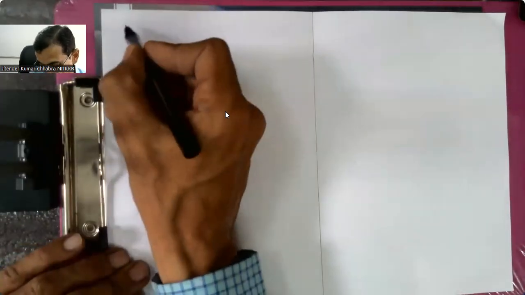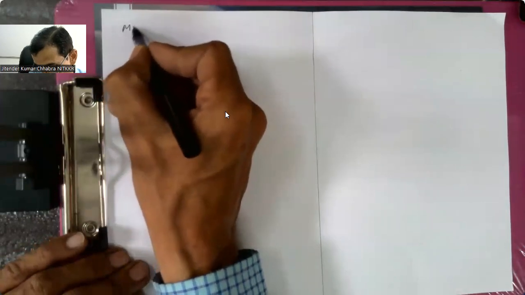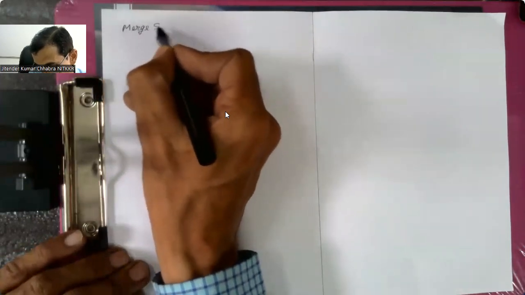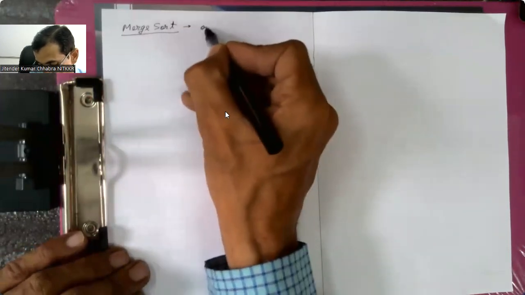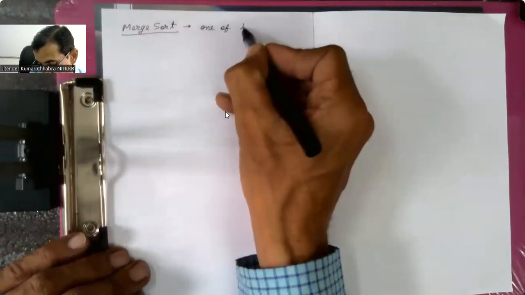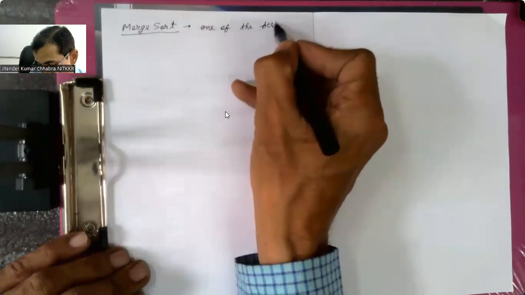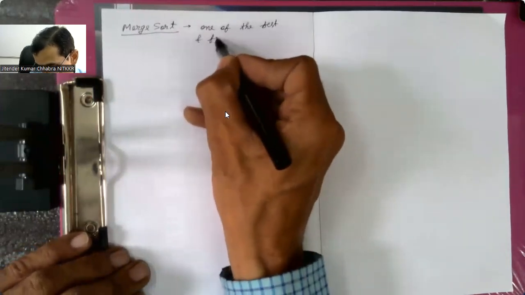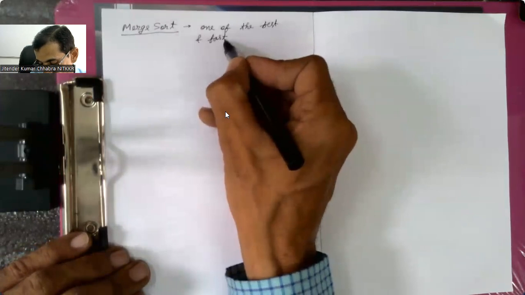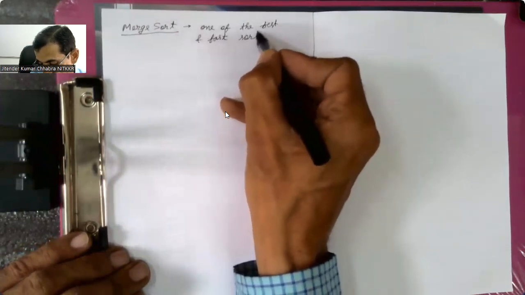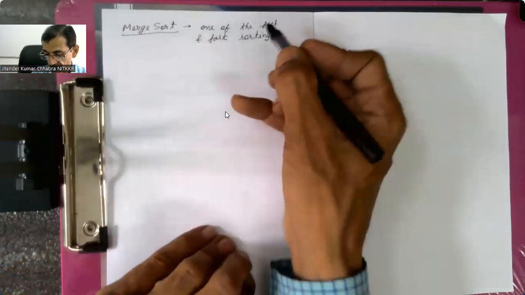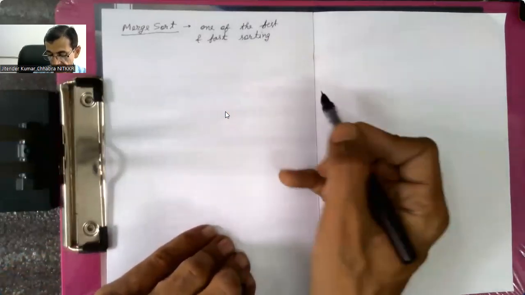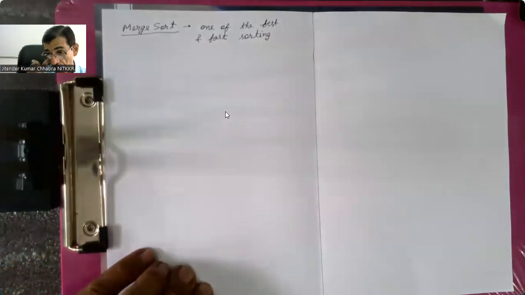So using recursion, now we are going to do one of the best sorting algorithms, which we call merge sort. It is, of course, one of the best and fastest sorting algorithms. Of course, it may have its own disadvantages, but it's quite fast and a very useful algorithm.